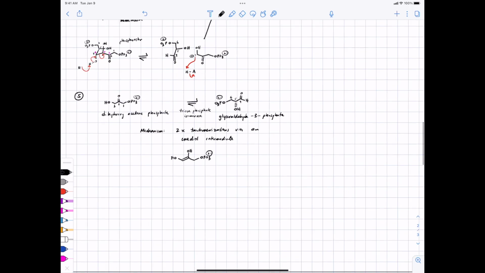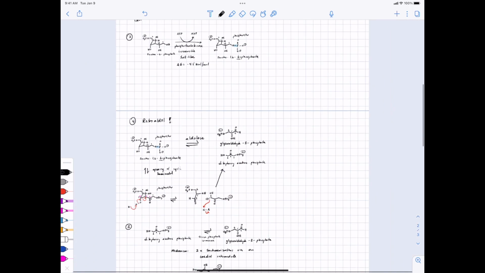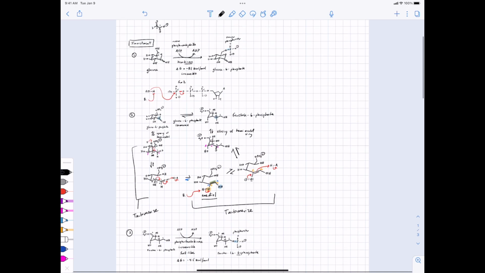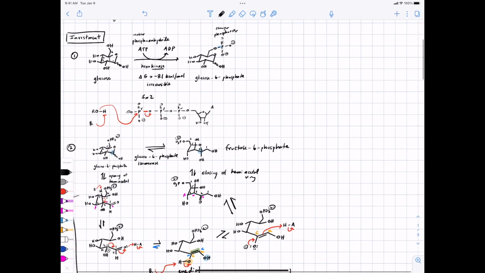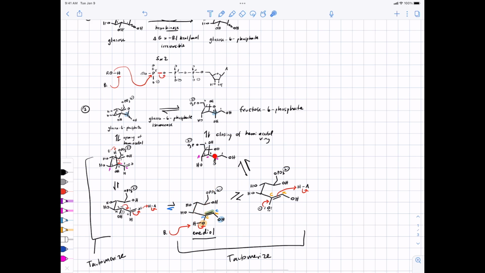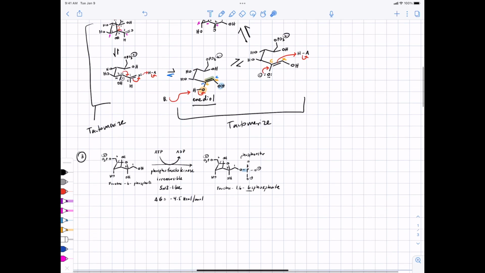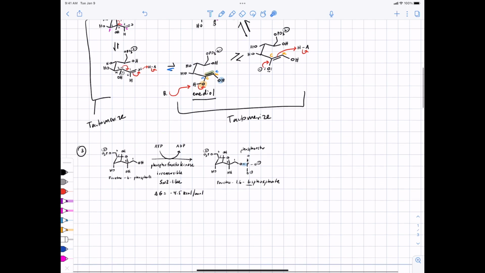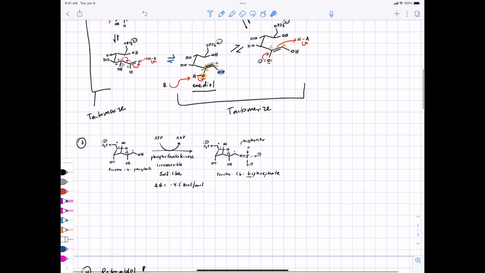So that concludes the investment phase, right? You add a phosphate group to carbon 6, that commits glucose to the process. Isomerize via an ene diol intermediate to get to fructose. That positions the ketone relative to the beta hydroxy group so that we can later on, in the fourth step, do the retroaldol reaction.